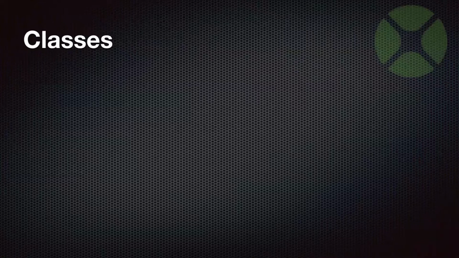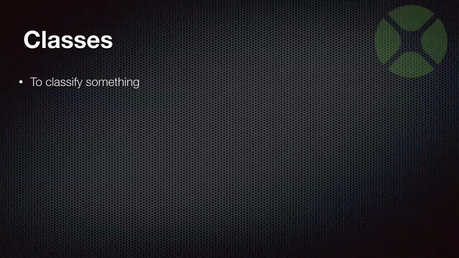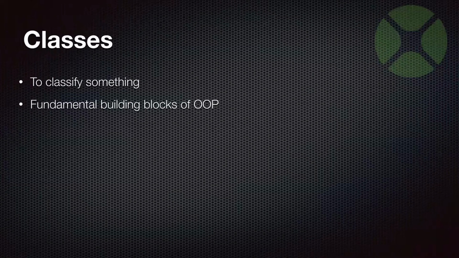So first, a little bit about classes. Now, these are called classes because it's a way to classify something. You're creating a data structure that has some meaning. It's designed to represent something that your app needs to work with. And as I mentioned, these are the fundamental building blocks of object-oriented programming. Everything kind of starts here.